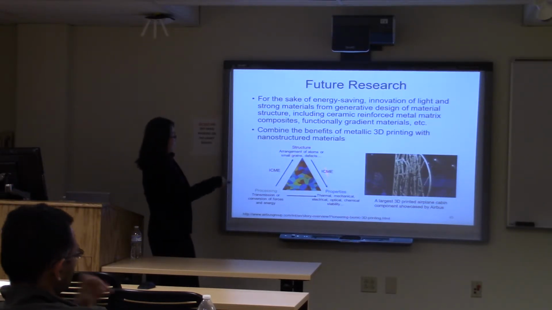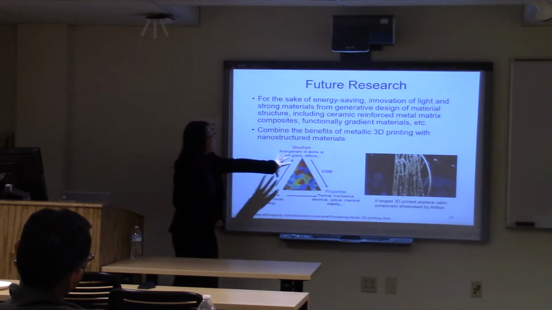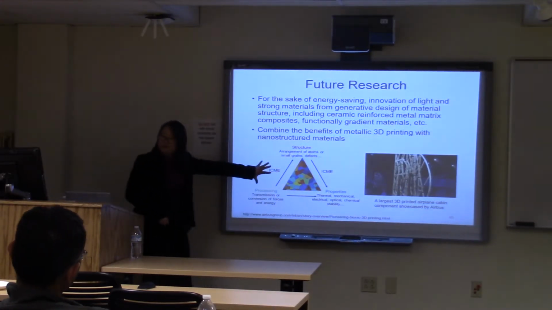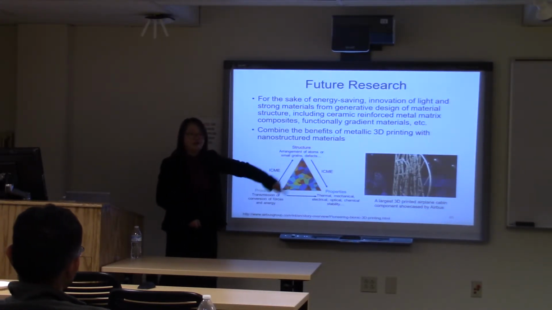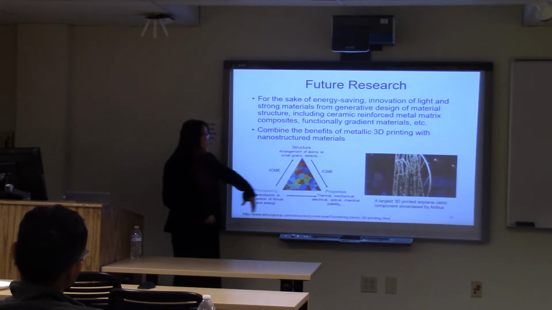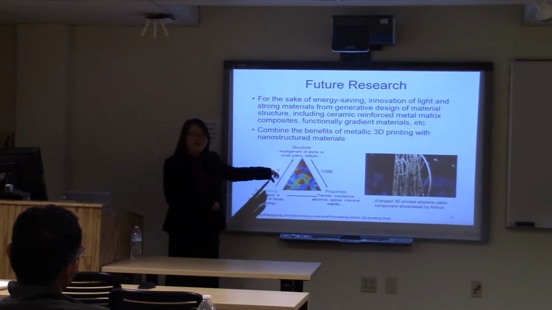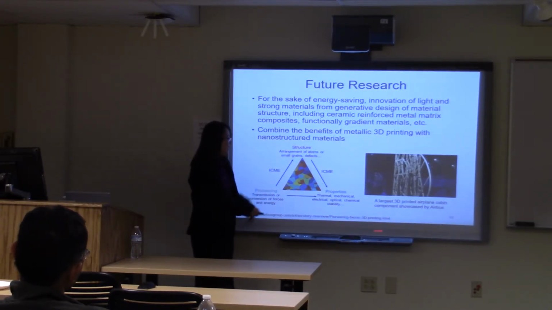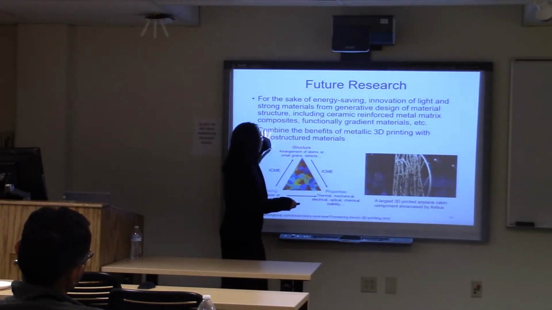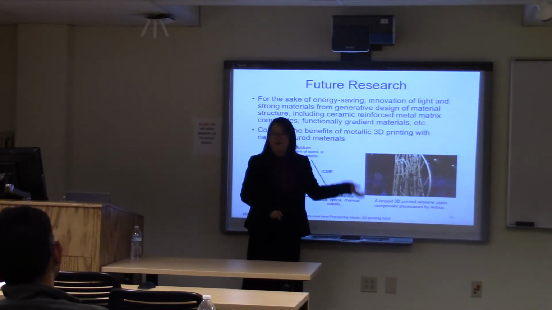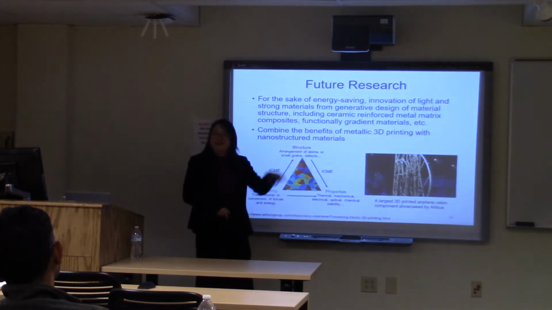So I would just like to show you this. My future research will still be this, to investigate the correlation between these three as the core. And I would also like to establish real computational work to assist my work here.